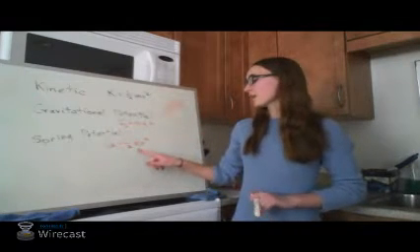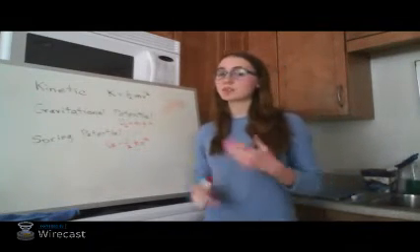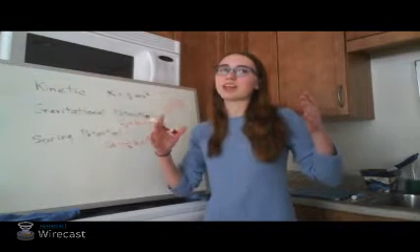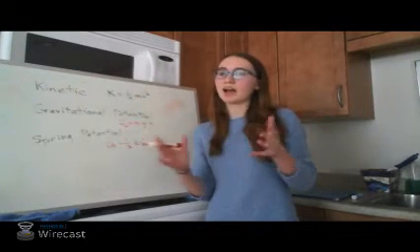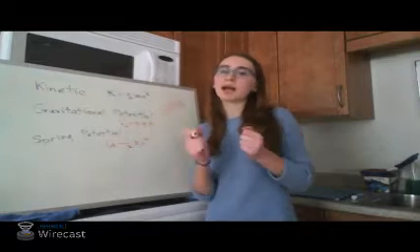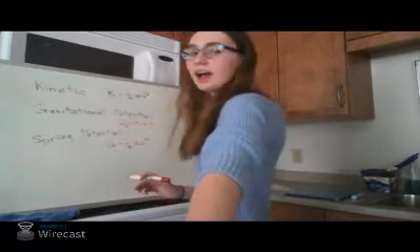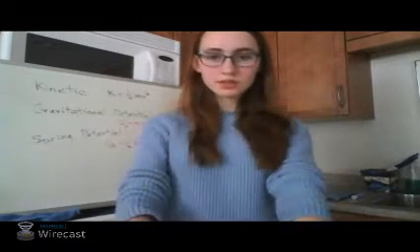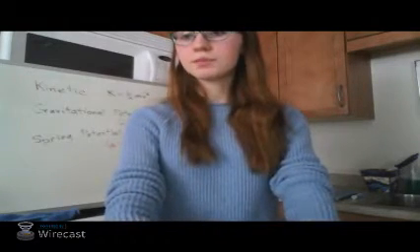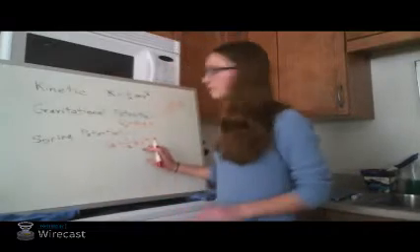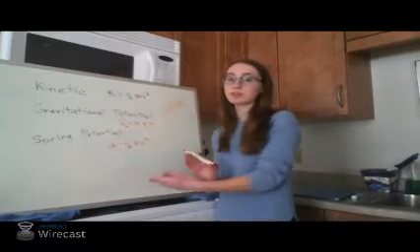For spring potential, k is the spring constant. It's kind of how strong the spring is, like how much it'll fight back when you push it. I don't know if that's a good way to describe it or not. And delta x, this is how far the spring is compressed.